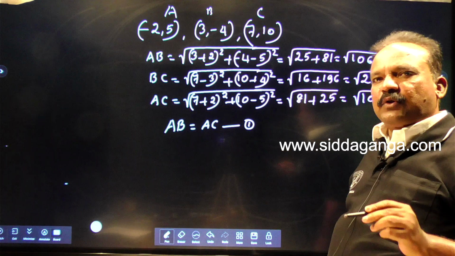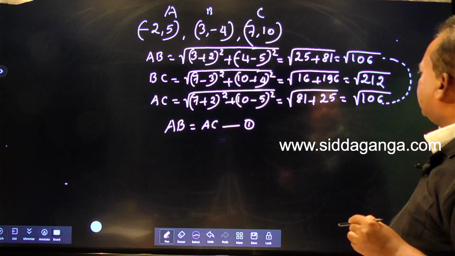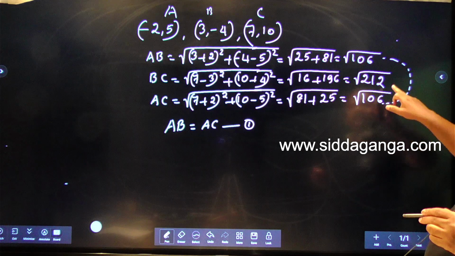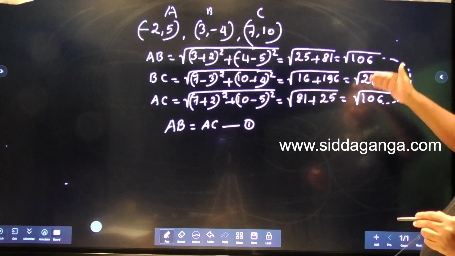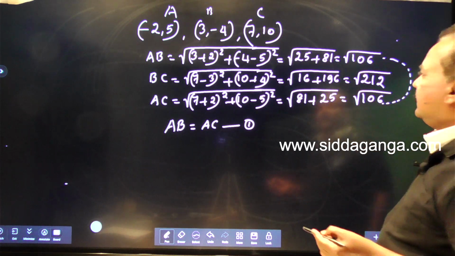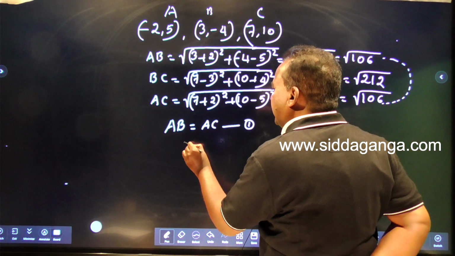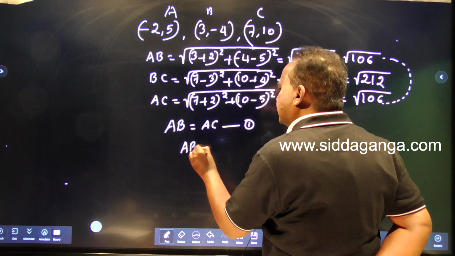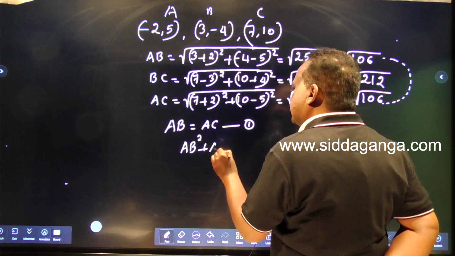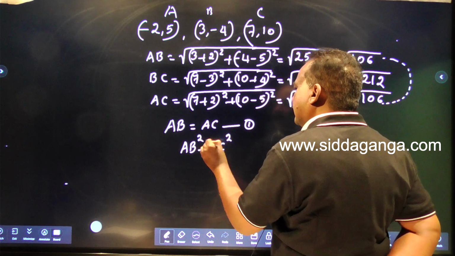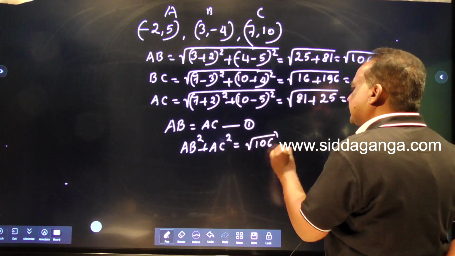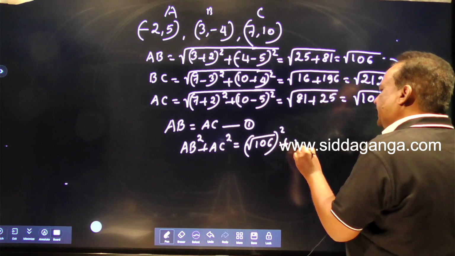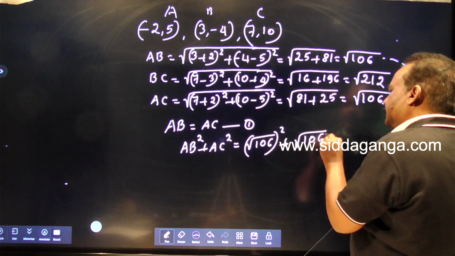And secondly, you have to verify the Pythagoras theorem. Which is the biggest side? You have to take the square on the biggest side. That must be equal to the sum of the squares on the remaining sides. The smaller sides are AB and AC. AB square plus AC square: root 106 whole square plus root 106 whole square.